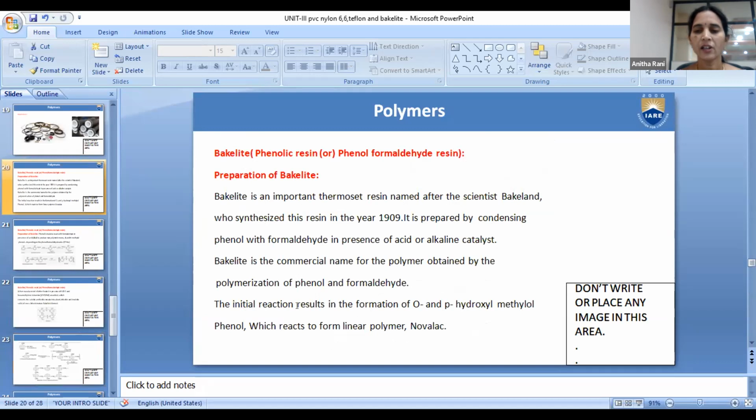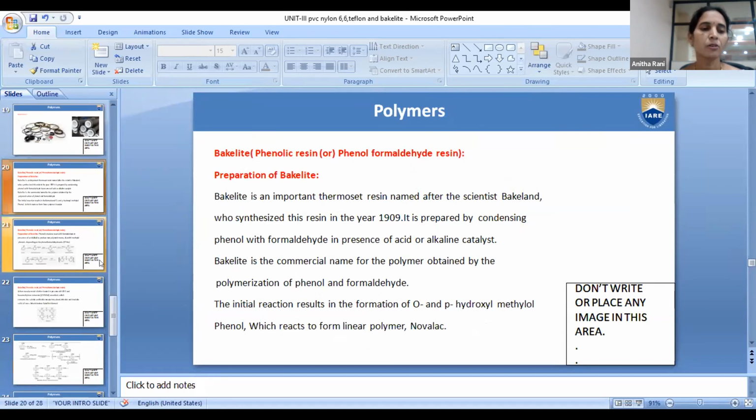So in the initial reaction, we take phenol and formaldehyde and make them react. The initial reaction results in the formation of ortho and para hydroxymethylol phenol, which reacts to form the linear polymer Novolac.